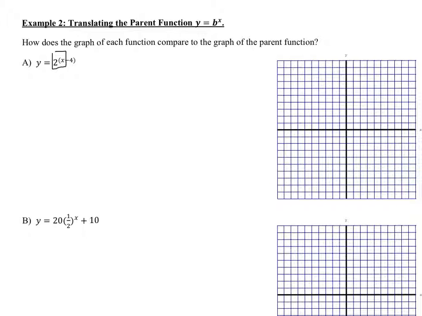So that 4 right next to the x, that does something to it. And just like every other single question that we've had with graphing, adding, subtracting with the x is going to move it to the opposite. So in this case, it's going to move right 4. So when I find out my table, since it moves right 4, I'm going to plug in a positive 4, and that should be in the middle of your table. Left and right, that should always tell you we're in the middle of the table.